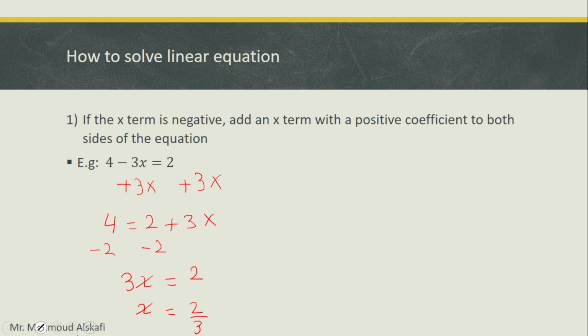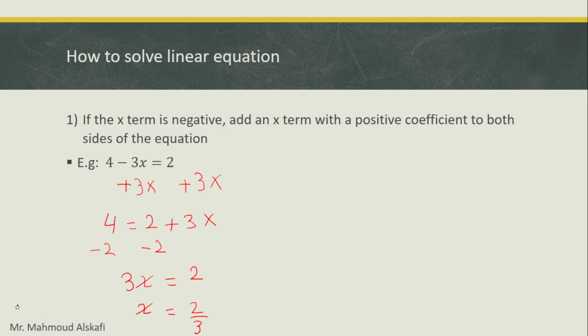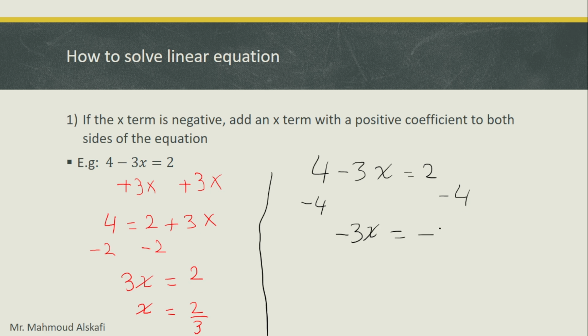But there is another method which I prefer more than this one, where I will solve it by the other method in black. 4 minus 3x equals 2. From the first, minus 4 from both sides. That gives me minus 3x equals 2 minus 4, which gives me minus 2, a negative number.